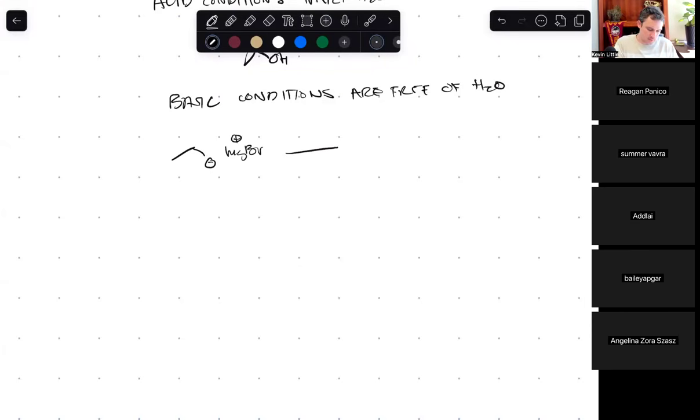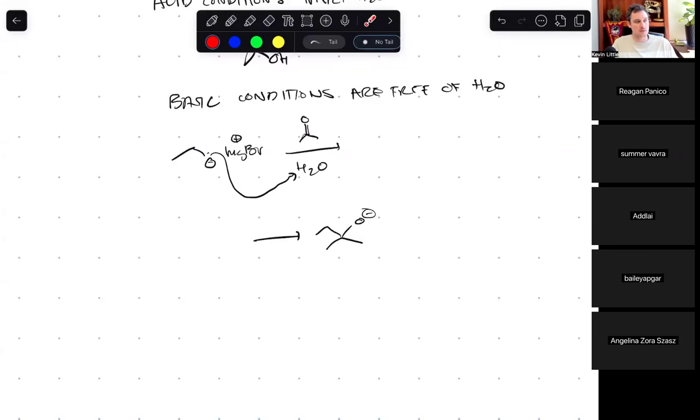So if I want my Grignard to add into a carbonyl, I wouldn't want water sitting around because it will add into that water first, which is not good. So if there's not water sitting around, what ends up happening is that I end up with a negatively charged thing, right? Because this thing will chew up any free proton sitting around, it'll chew up any acid or any water sitting around. We don't want any water or acid present.